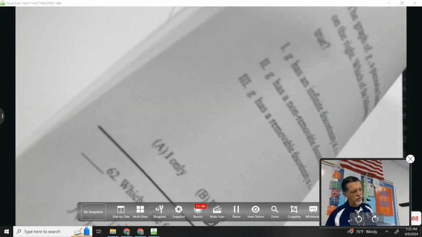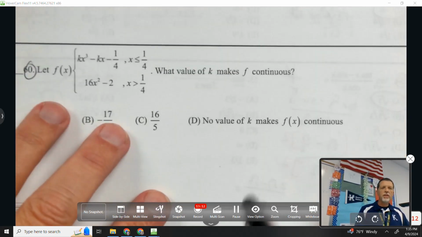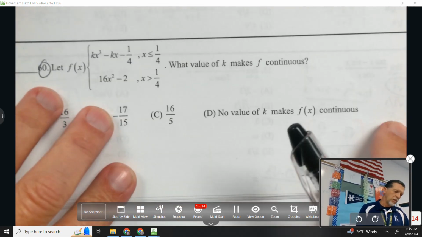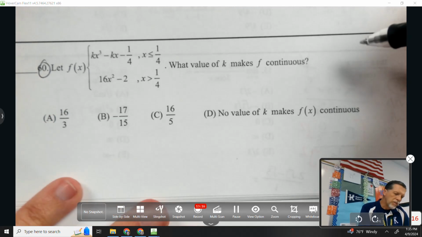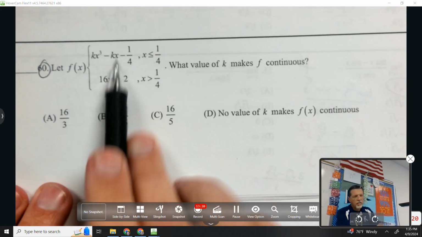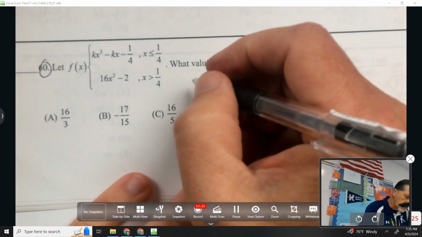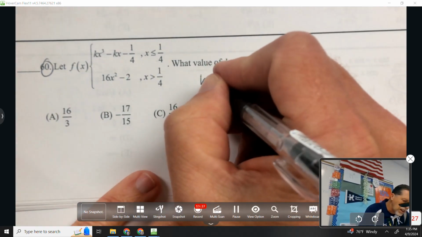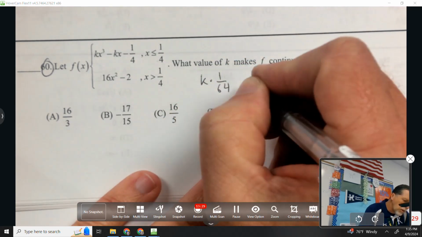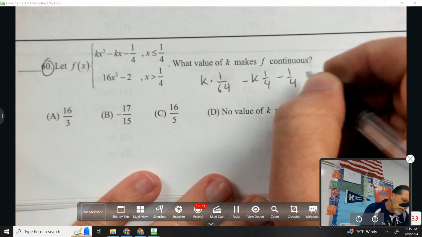Alright, it's number 60. I think I promised you one of these. Let me make good on my promise here. What value of k makes f continuous? So that means at 1/4, these two things need to be equal to each other. So this is going to be fraction yuck again. k times 1/64 minus k times a fourth minus a fourth.